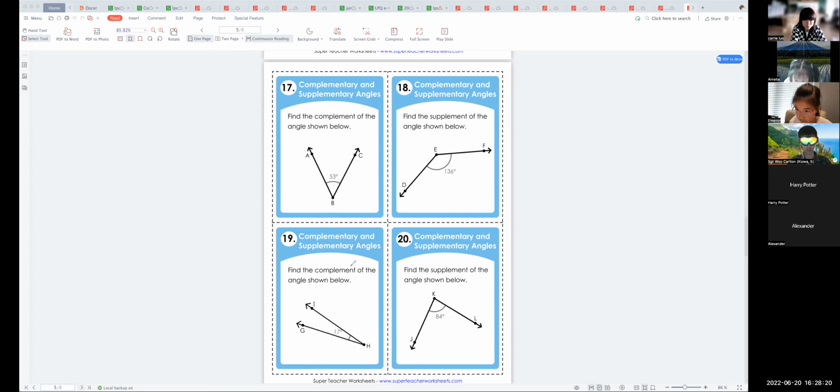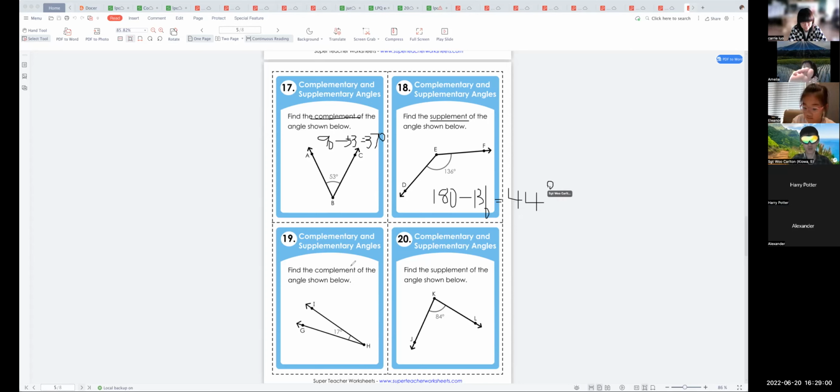So Colton, how about you do 17, 18, 19, and 20 for all of them? Okay, we find the complement for 17: 90 minus 53 would be 37 degrees. 18 is find the supplement, so 180 minus 136 equals 44 degrees.